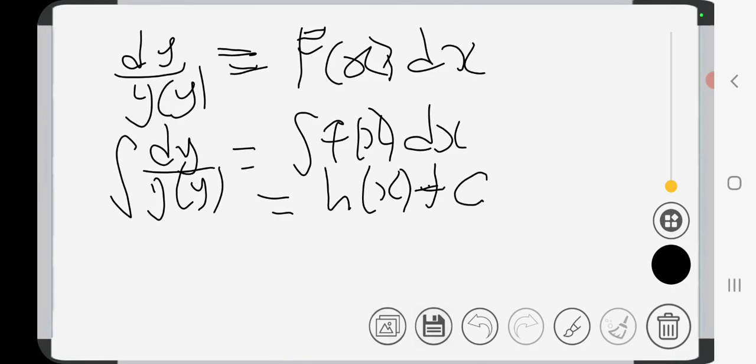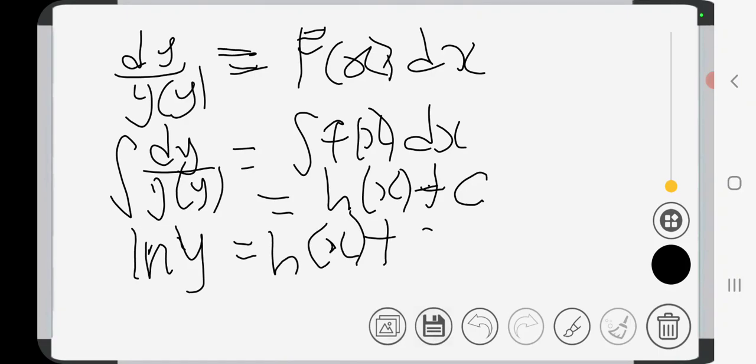Now dy divided by g of y actually means ln y from the standard integral, so I'm going to have h of x plus c. What I have here is called the general solution. If we can find a numerical value for c, then we have what is called the particular solution. Let's solve a problem.